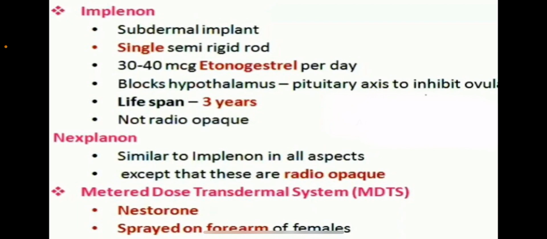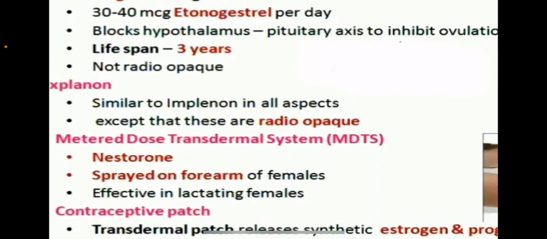Now we saw Norplant contains 6 silicone rubber rods. The Norplant R2, which was slightly fabricated, contains just 2 capsules or rods, whereas Implanon contains only one single rod. 30 to 40 mcg of etonogestrel per day is released, and it blocks the hypothalamus, thereby blocking the pituitary axis and inhibiting ovulation.